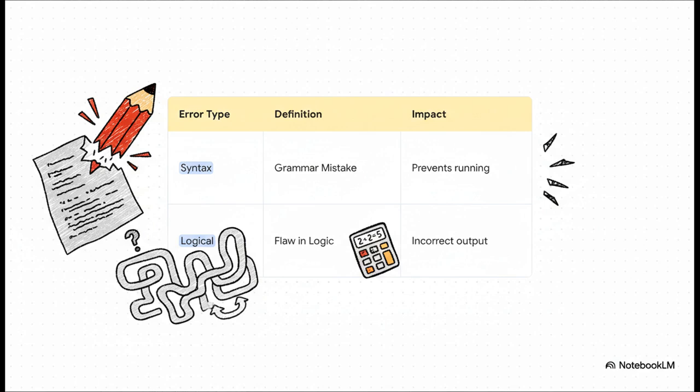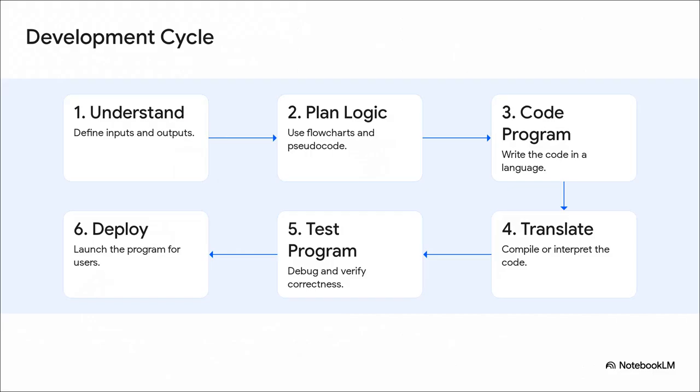This is where the code runs perfectly fine, but it gives you the wrong answer because the original thinking, the plan itself, was flawed. And this is exactly why creating software isn't something you just do once and then walk away from. Nope. It's a continuous loop called the program development cycle. It's this constant process of understanding, planning, coding, testing, fixing, and then doing it all over again to maintain and improve the program over time.